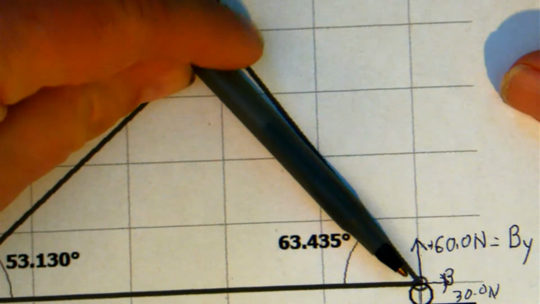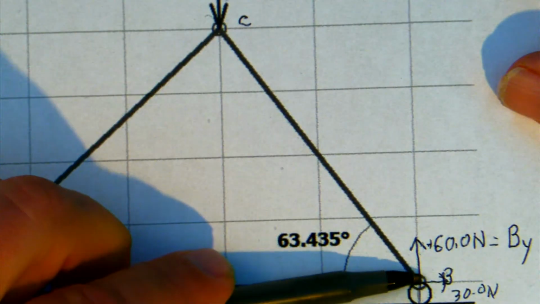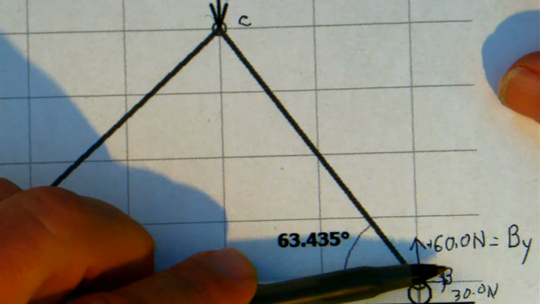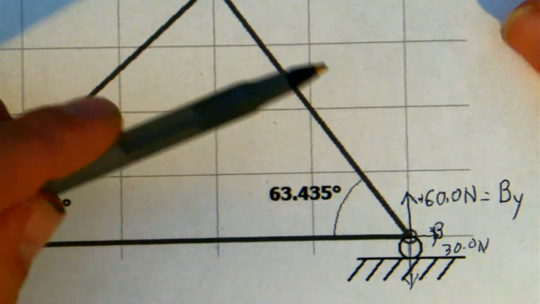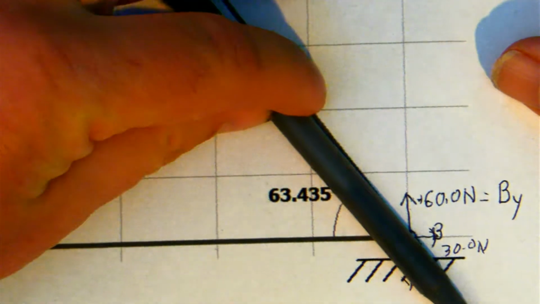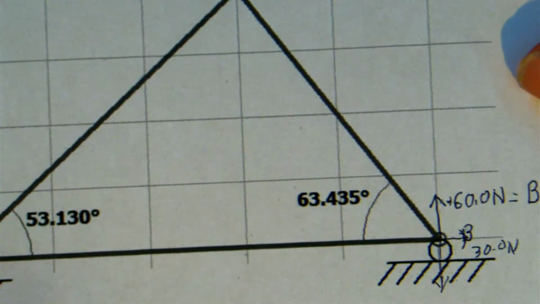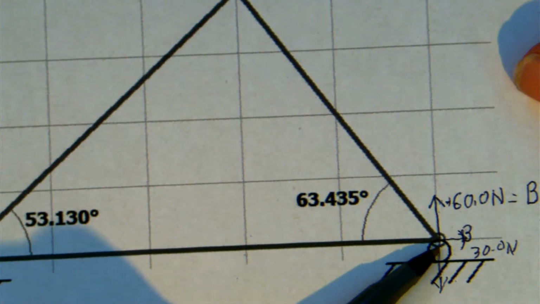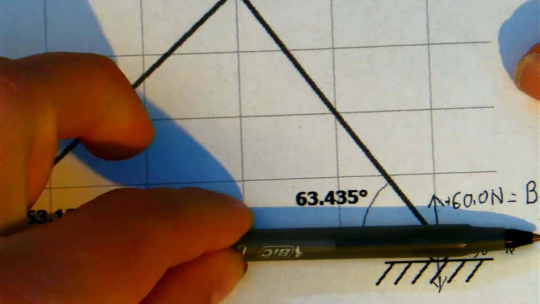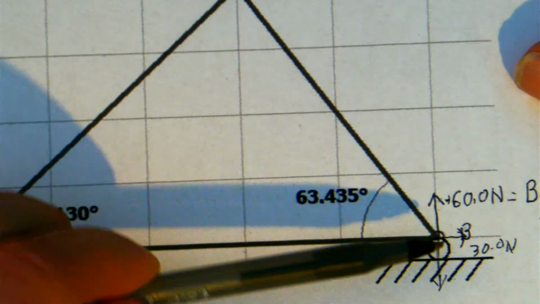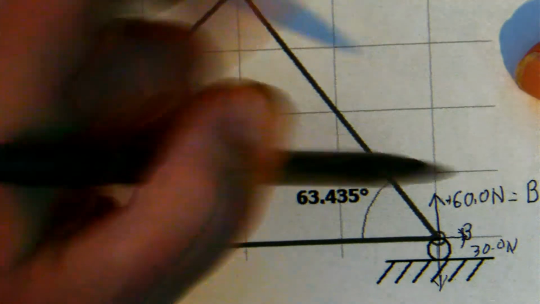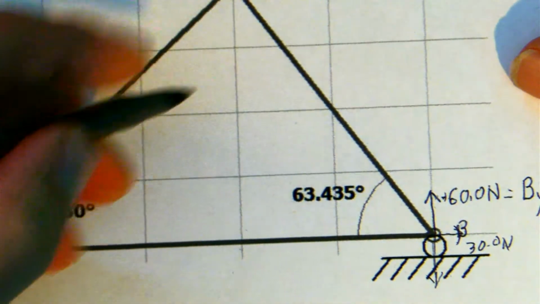So member BC is pushing vertex B to the right with a force of 30 newtons. The only way to cancel that is if member AB pulls vertex B to the left with a force of 30 newtons.